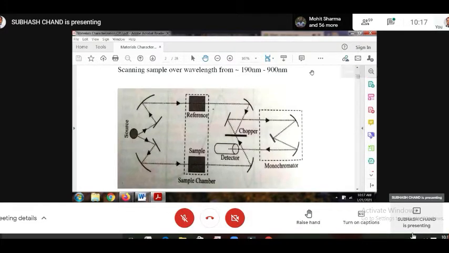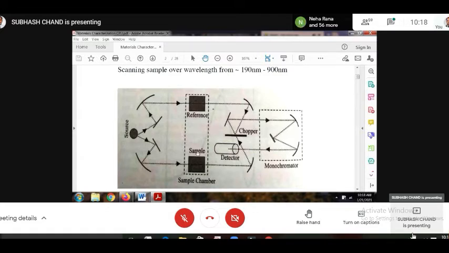Here you have a sample. Your sample may be a solute dissolved in some solvent, or your sample may be a film coated on a glass slide. Every time it is not possible to put your sample here alone.